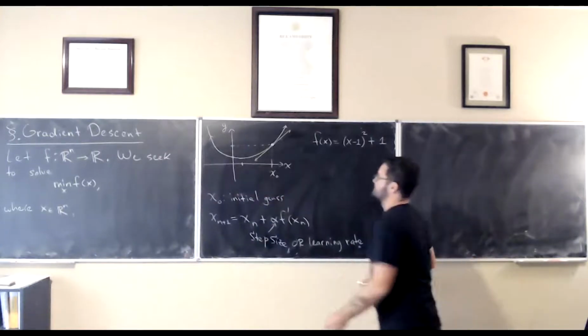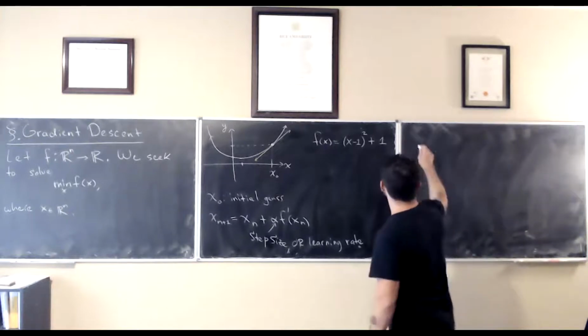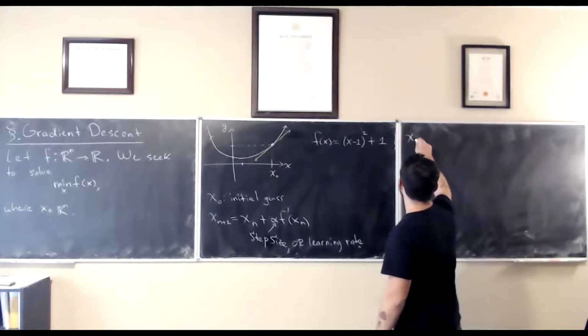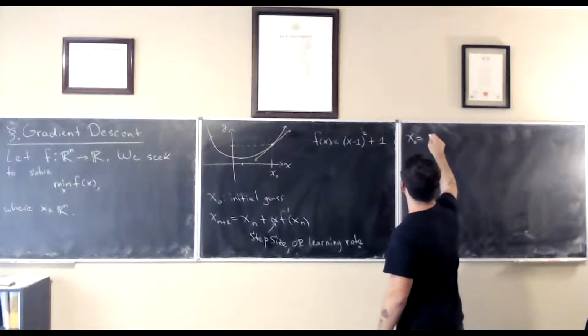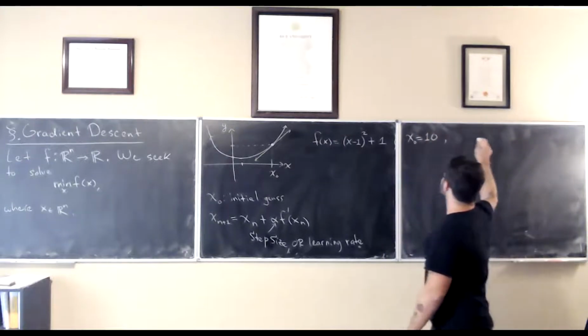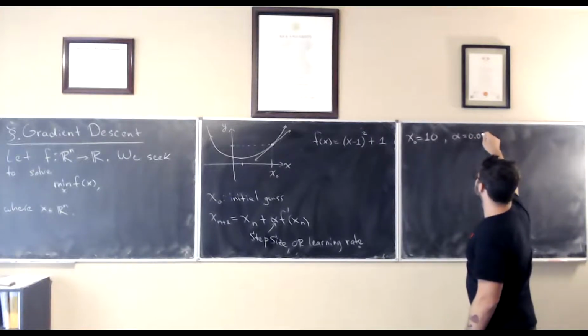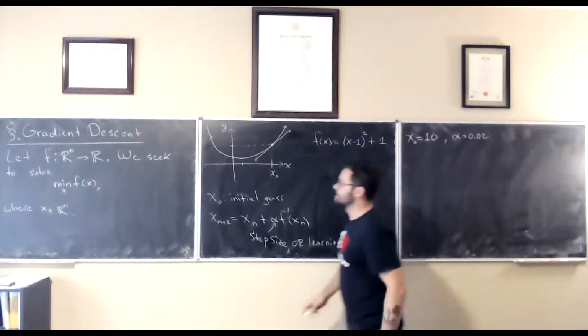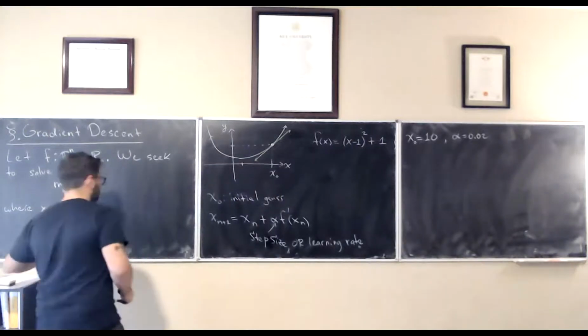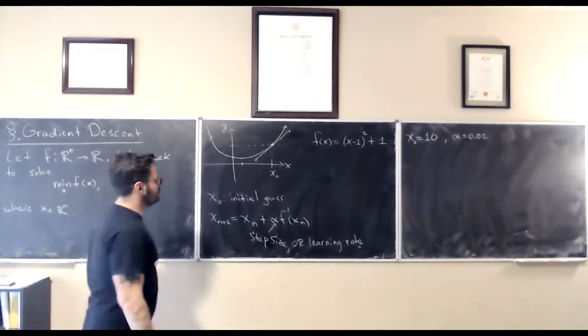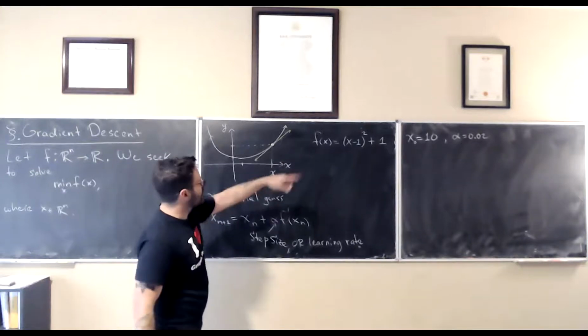Let's make a guess that it's 10 or something. So initial guess, maybe 10, and maybe we can choose alpha to be like 0.02 or something like this. And we know what the actual answer is.